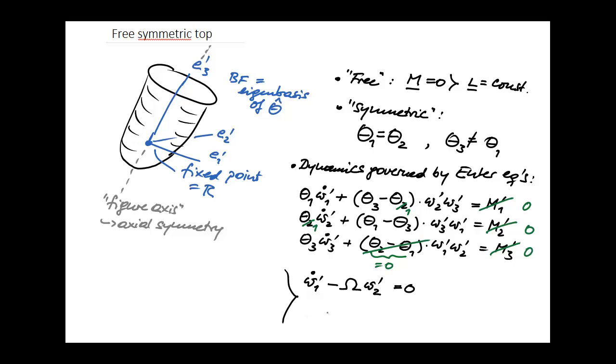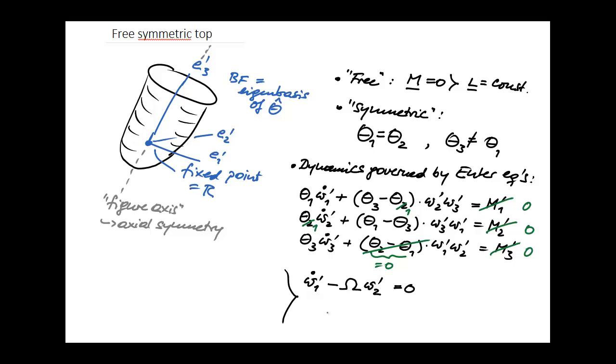The third equation simply reads omega 3 prime dot is equal to 0, because the term with the difference theta 2 minus theta 1 vanishes because of symmetry. The right-hand side is 0. So all that remains is theta 3 times omega 3 prime dot is equal to 0.